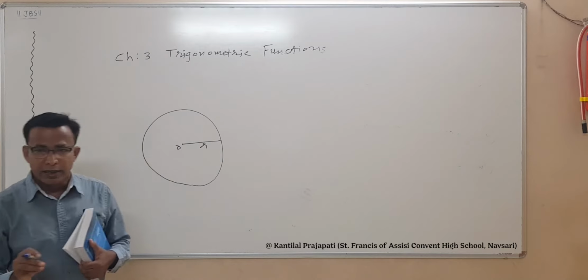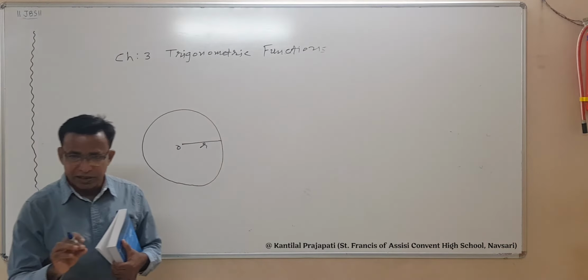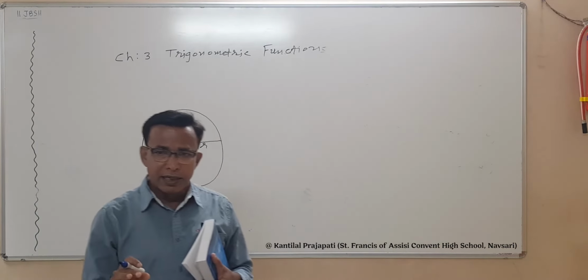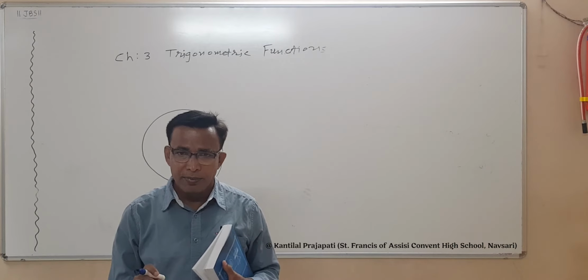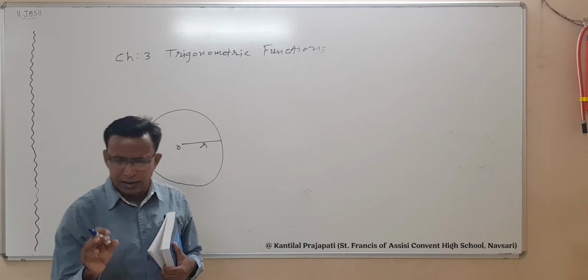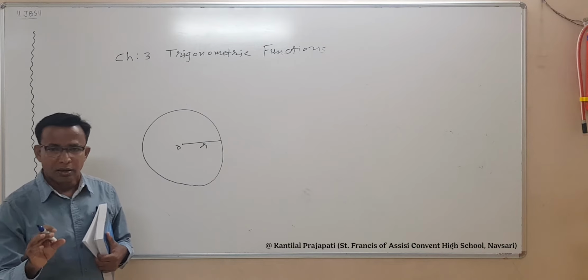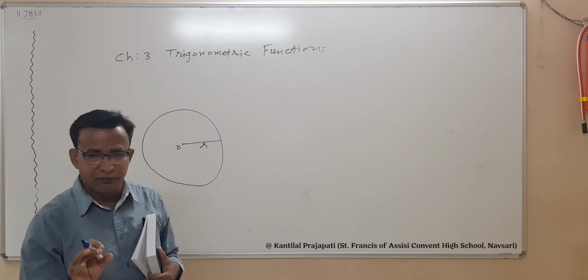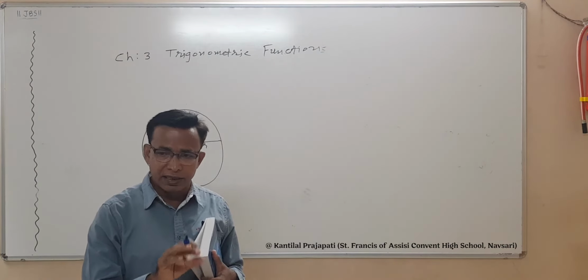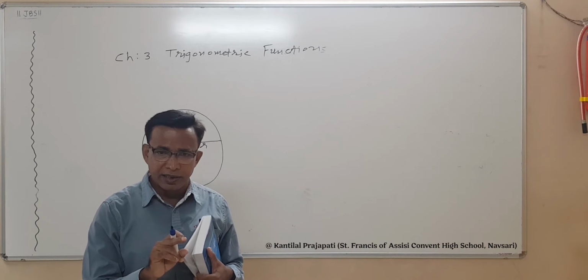In the definition of radian, we said that in a unit circle, the angle subtended at center O by an arc of length 1 unit is called 1 radian.